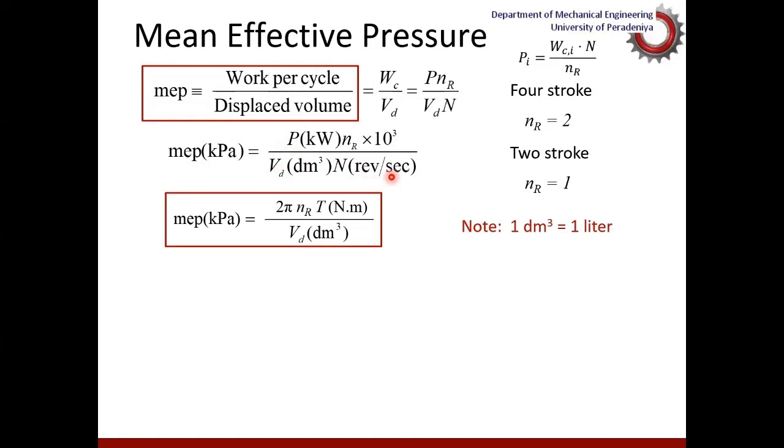So mean effective pressure is directly proportional to the power of the engine for a particular engine at a given speed. And at the same time, mean effective pressure is directly proportional to the torque of an engine per given displacement or the displaced volume.